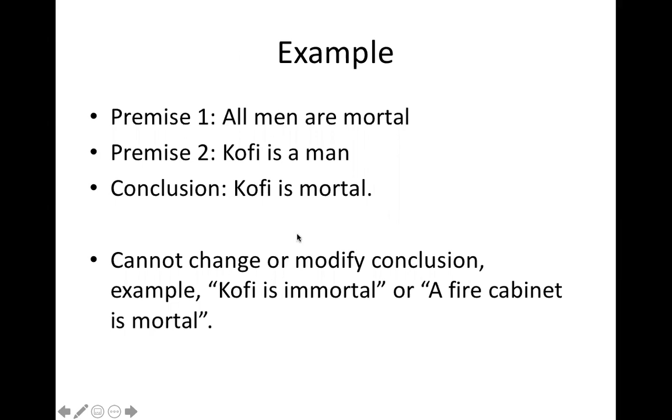If you look at premises 1 and 2, you will see that premise 1 is more like an argument, all men are mortal. But premise 2 is a direct report, like a factual statement, Kofi is a man. So it is that premise that is making more of an argument that you can convert into a conditional.